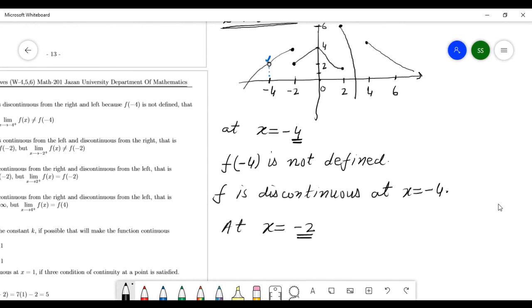This one, f of -2, go here. f of -2, go here. So here there is a dark point, that is, there is an output, output is 2. Okay, so f of -2 equals 2, that is, defined.